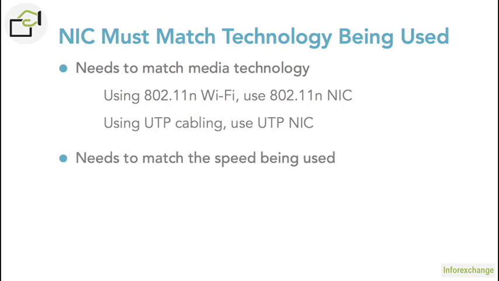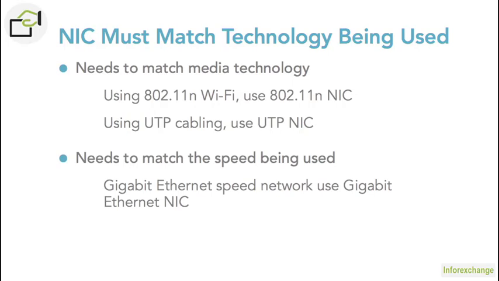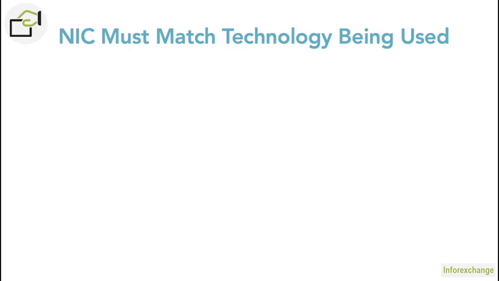Speed is another consideration when you're purchasing or choosing a NIC to use on your network. If I have a gigabit Ethernet network running, I need to make sure that the NIC that I use to gain access to that network is also capable of using the gigabit Ethernet standard. A final consideration is I need to make sure that the NIC I use matches the network architecture being used.